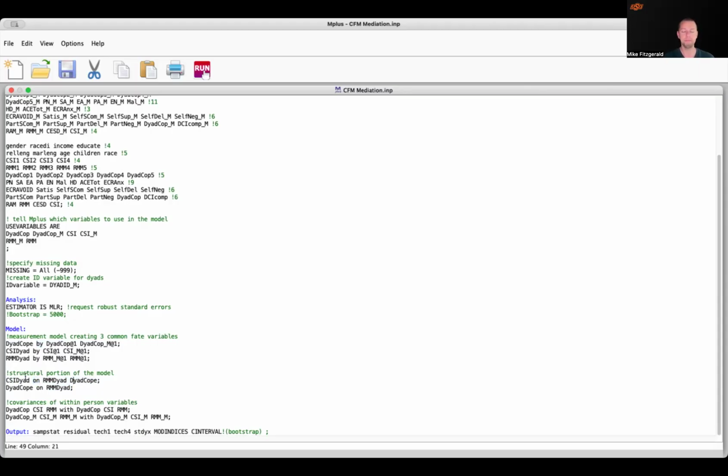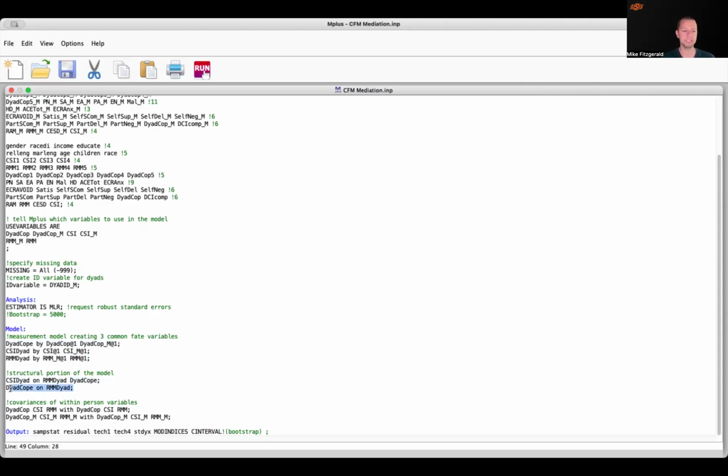We can have as many variables to the left and to the right of our ON statement as we want. We only have one true dependent variable, and that's going to be relationship quality. And that is going to be predicted by relationship mindfulness, which is our independent variable, and dyadic coping, which is our mediating variable.